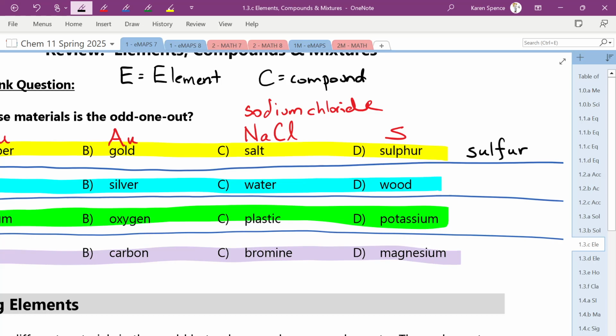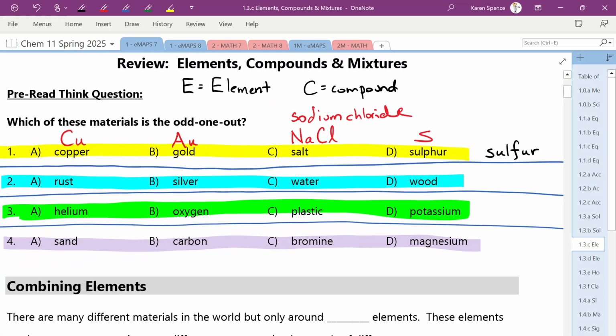So just be okay with either of them. You can see that we have one capital letter, one capital letter, one capital letter, and two capital letters. That means that copper is an element, gold is an element, sulfur is an element, and sodium chloride is a compound.